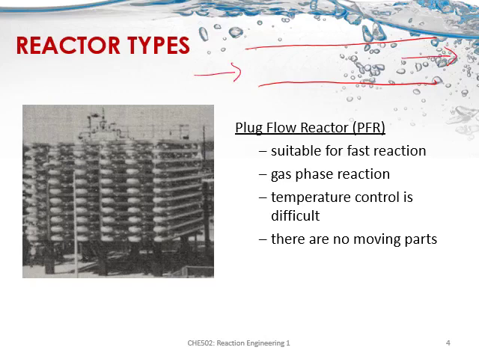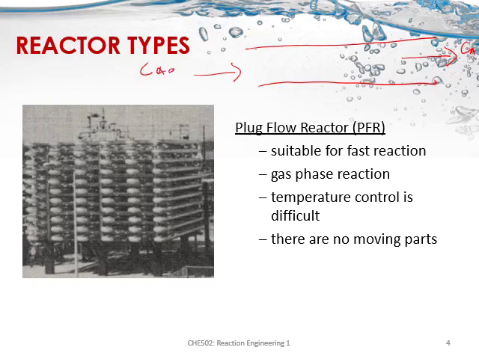When it is a continuous system, it means that it is steady state operation. So this is also a continuous system. You have a similar case, with CA0 and then CA.